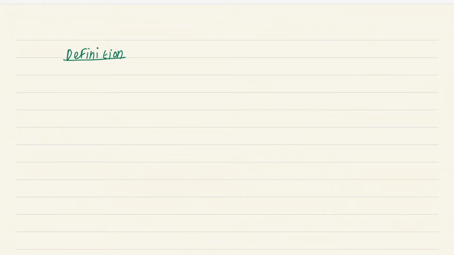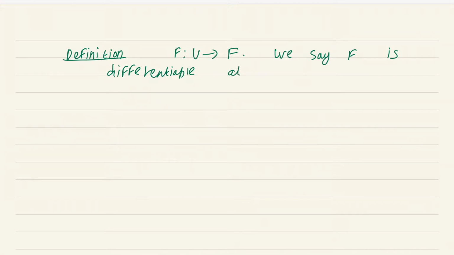As usual, f is from U to F. We say f is differentiable at the point x in U, if we can find a linear map, which I'm going to denote by dfx.